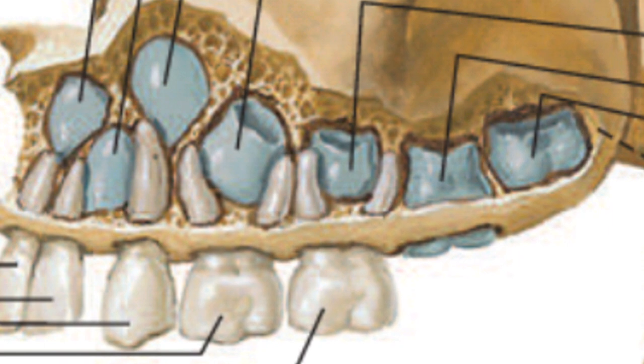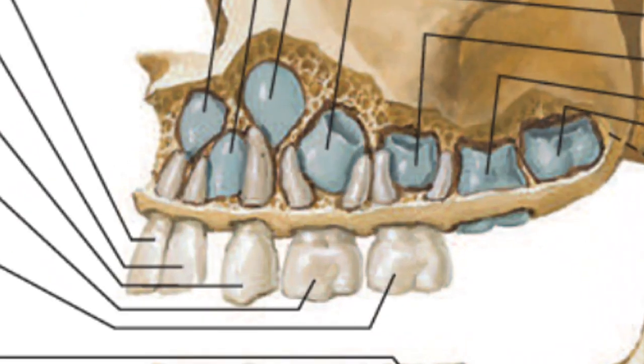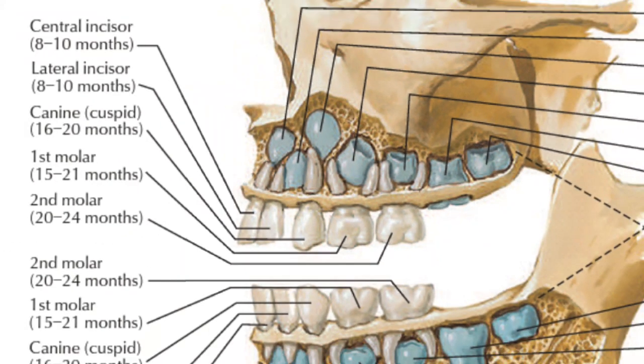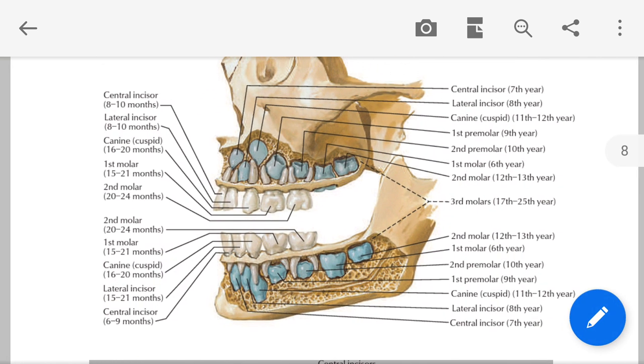So these blue colored teeth are the teeth of the adult, and from this you will make out which deciduous tooth is replaced by which adult tooth. So you will get the idea.